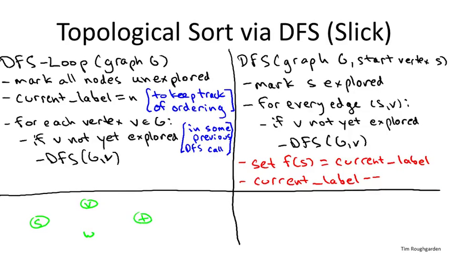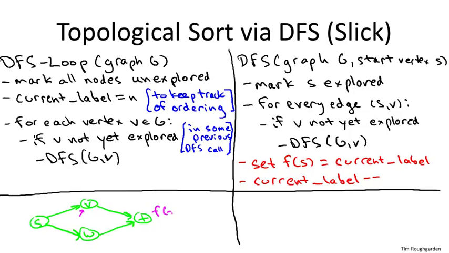So let's just say we have this 4-node directed graph that we're getting quite used to. So this has 4 vertices, so we initialize the current label variable to be equal to 4. So let's say that in the outer DFS loop, we start somewhere like the vertex v. Notice in this outer for loop, we wind up considering the vertices in a totally arbitrary order. So let's say we first call DFS from this vertex v. So what happens?